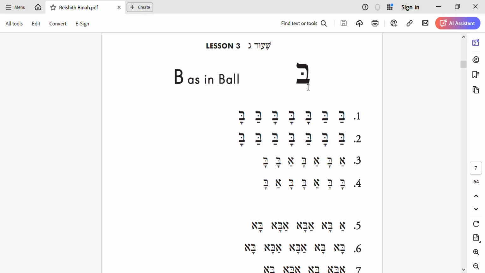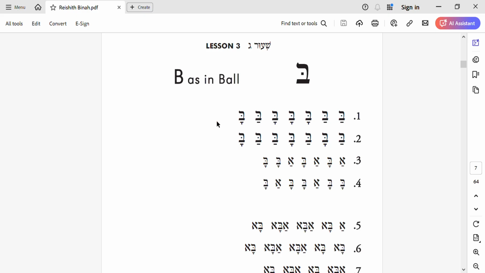B as in ball, right? And now you're going to plug in the vowels that we've learned just a few seconds ago. The patach underneath this little dash makes the a sound. And instead of the X, now we have b. So it will be ba, ba, ba.